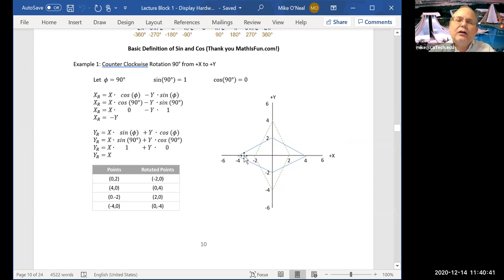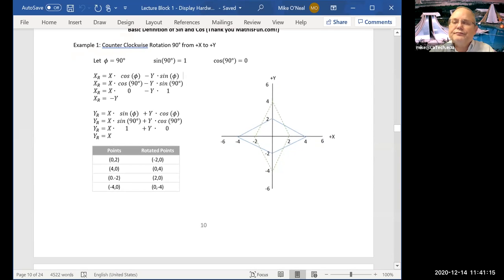Take this shape and plot it over here, where -4, 0 is going to be 4, 0, and 4, 0 is going to be 8, 0. Plot it, then plug the values through the equations, and you'll see it ends up rotated, but over here in this region. Okay? Questions for me?